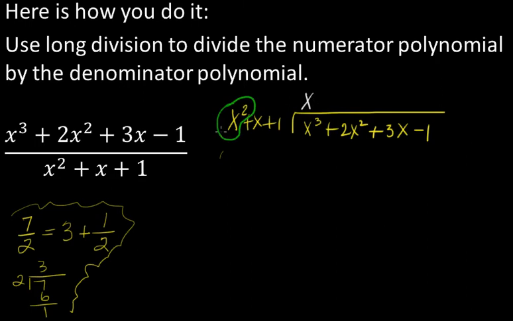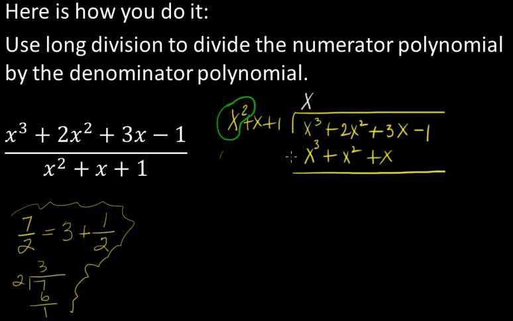And x, now I multiply x times this whole polynomial here, the divisor. So x times x squared is x cubed, plus x times x is plus x squared, plus x times 1 is plus x. And now I'm going to draw a line under everything, and I'm going to subtract.